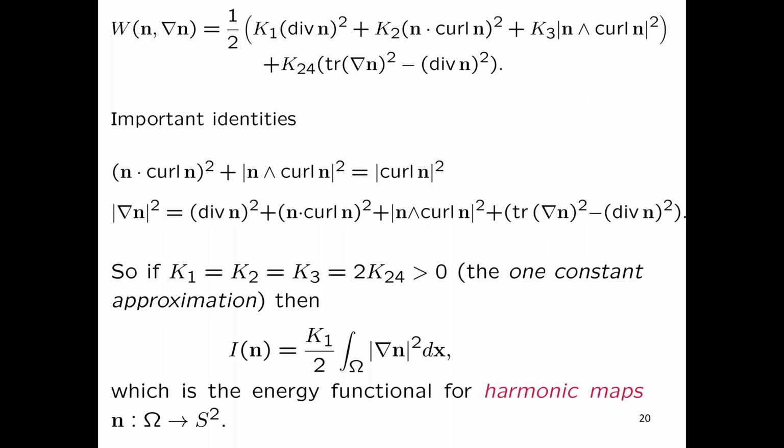In that approximation, which is often used for theoretical reasons because it's much easier to handle than the general case up here, I of n is the energy functional associated with what are called harmonic maps. So you have the Dirichlet integral of gradient of n squared, but the important thing is that n is a unit vector. So that's what makes it a non-trivial matter, even in this one constant case.